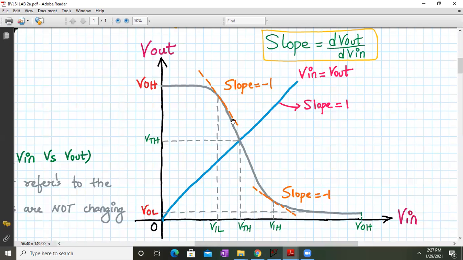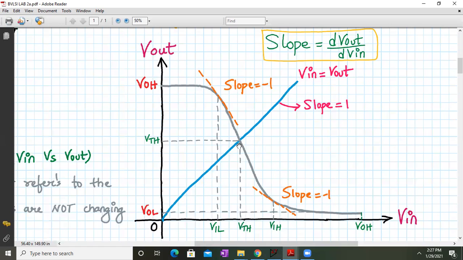So over here the slope will be -1 once, and over here again the slope will be -1 once. Slope is nothing but your gain, dVout by dVin. Whenever dVout by dVin is equal to -1, that point gives VIL, and the point where it is going down for the second time is called VIH.